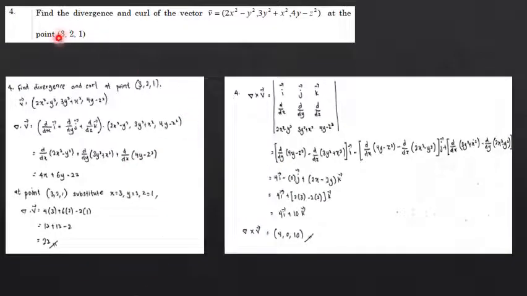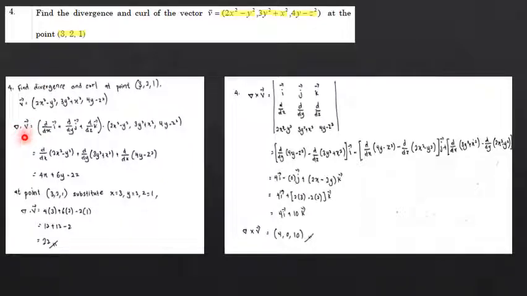Alright, for question 4, find the divergence and curl for vector v given here. Vector v is (2x squared minus y squared), (3y squared plus x squared), (4y minus z squared), and given also the point (3, 2, 1). The first step is to find the divergence.